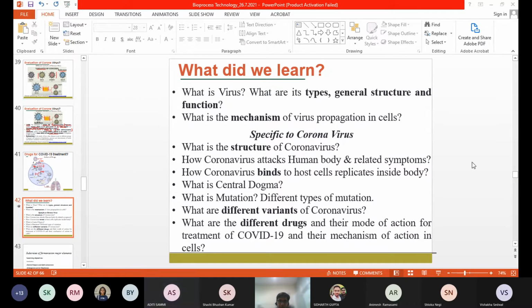Okay, okay, and anyone, what is the central dogma? Anyone else? Harshita Jain. Then we have Harshit. Yes, Harshita, can you tell what the central dogma is?